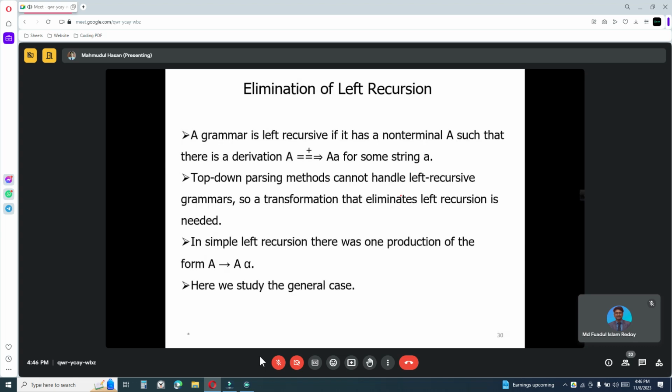We know that this is the general form of left recursion, and this is a problem of compiler design. We need to solve the problem of left recursion. Okay, everyone?